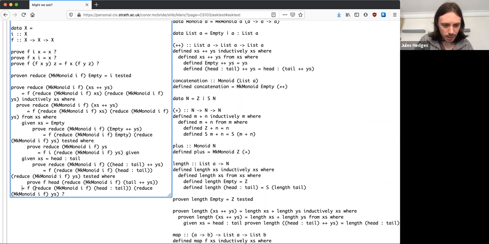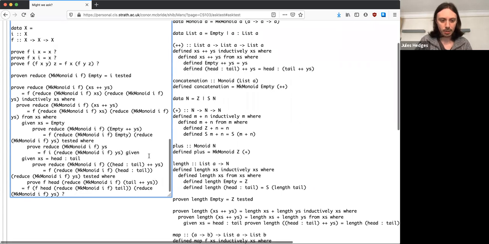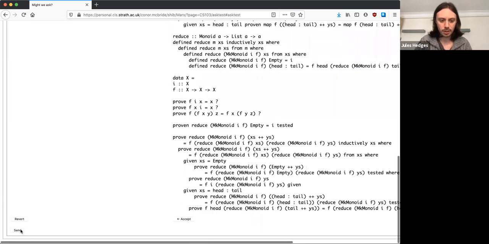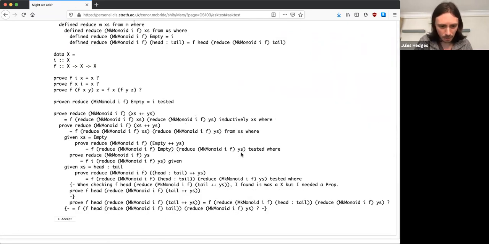So this thing I can replace with the simplified version of it, which is f head (reduce tail). And when I send this back and say, I want to prove this, not the thing you told me to prove, Ask will actually accept that as a valid goal, except I've made a mistake. Ugh.